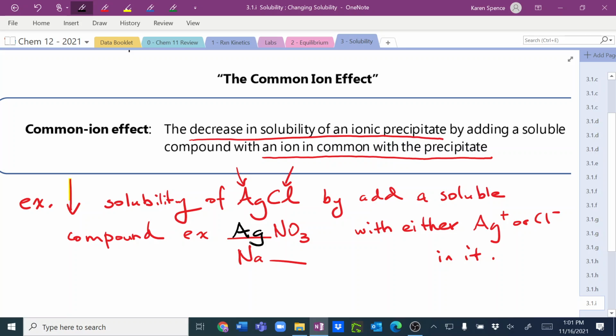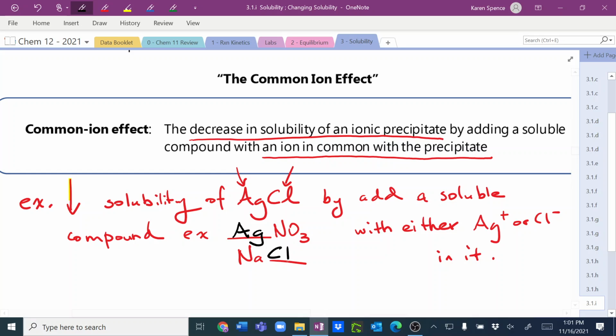Don't get too hung up on the name and the definition. You know how it works. You have all been successfully describing to me how the common ion effect works already. So just at this point, just go, okay, that's what it's called.